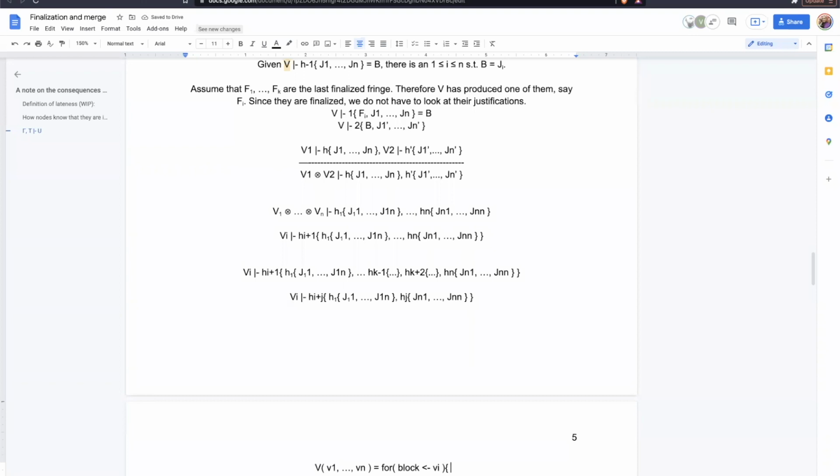Well, it's going to produce a block, right? So it's going to say vj. Let me do it this way, just to be simple. V1, and I'll make it even simpler.